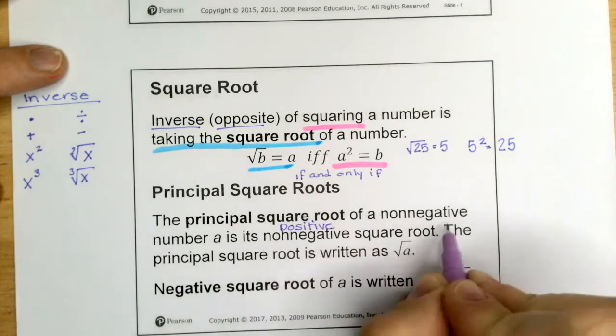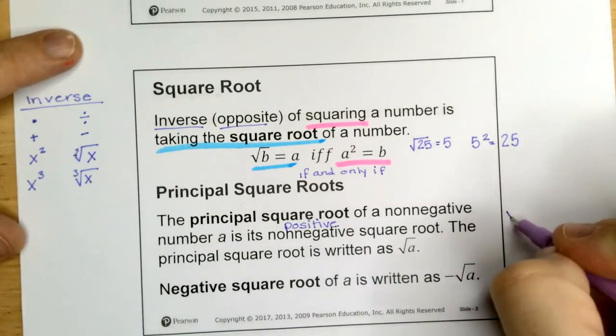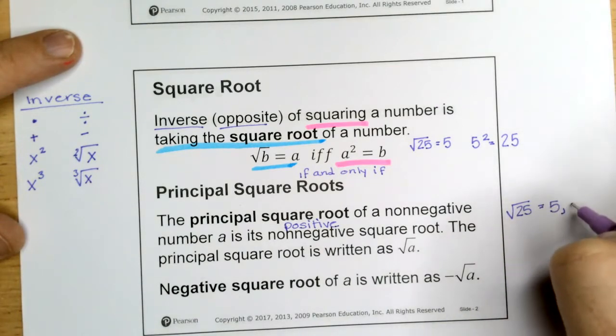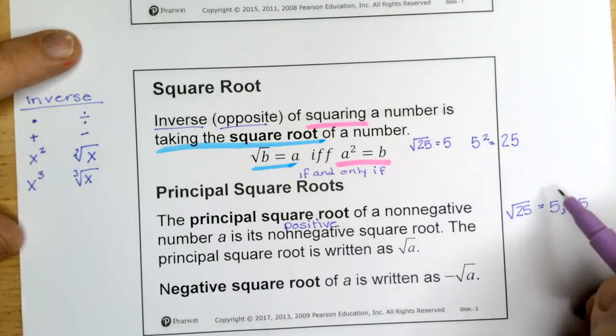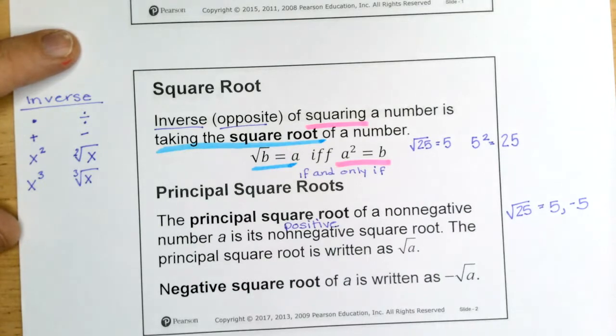So non-negative just means positive. There are 2 square root answers, right? The square root of 25 is 5 and it's negative 5. It has 2 answers, but the principal answer, or the main answer, the answer your calculator will give you, is the non-negative one or the positive one.